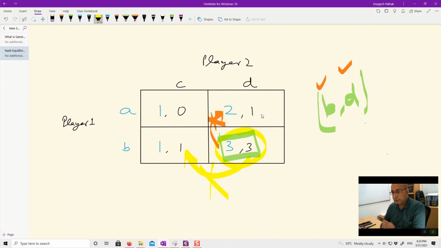He is not indifferent between any other action when they are in equilibrium. So this is an example of a strict Nash equilibrium: 3 is strictly greater than 1 and 3 is strictly greater than 2.